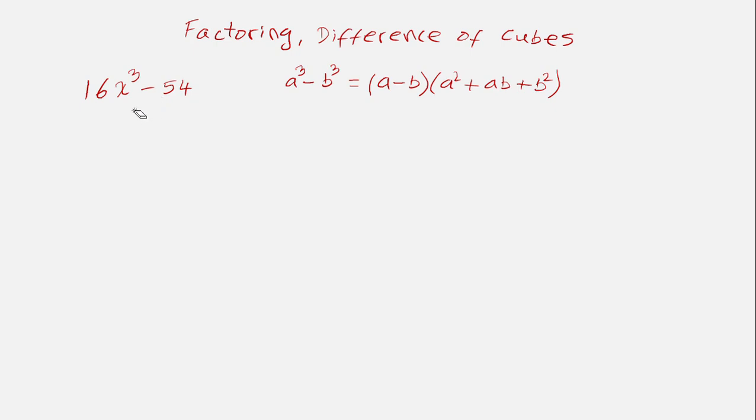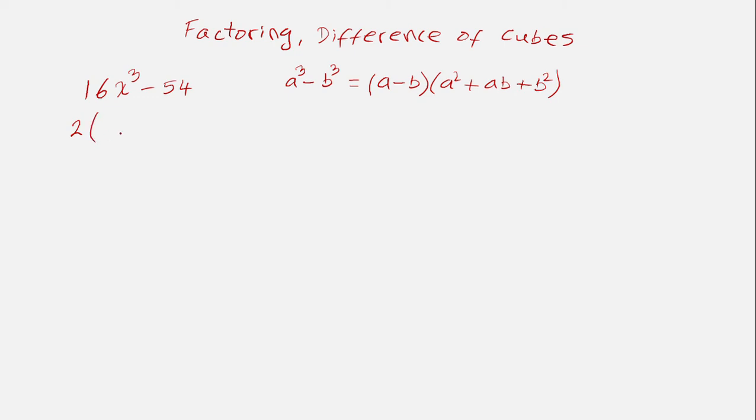So as always, when we factor, we first need to try and find, do those terms have something in common? We need to find a greatest common factor. Since there is no x in the second term, they don't have x in common. But we could analyze 16 and 54. Both of them are even numbers, so we know for sure that they have 2 in common, so we can take 2 out.